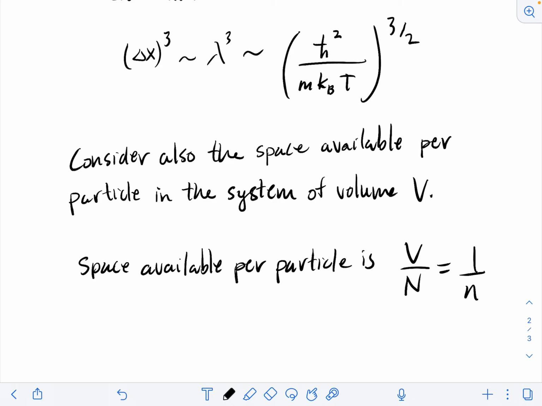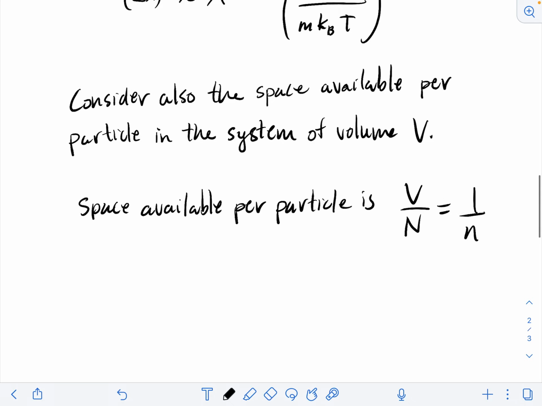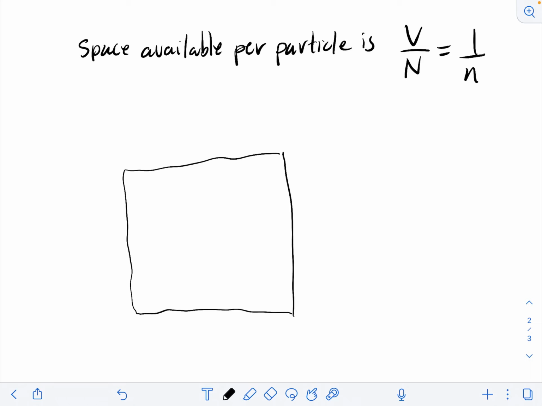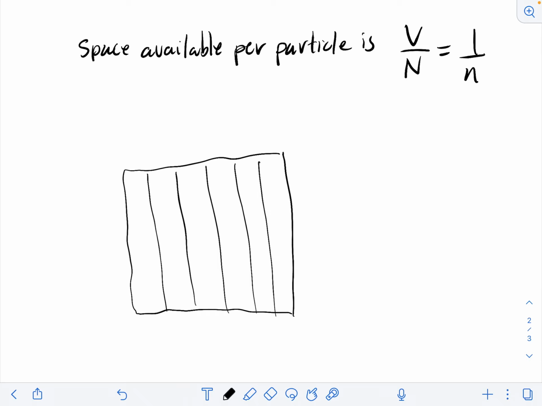Okay, and so we can think of two possible cases. I'm going to draw this in 2D, but you can imagine that this is a 3D picture also coming out of the screen. And so we can start to partition our system, which has some total volume, into n equal volumes.